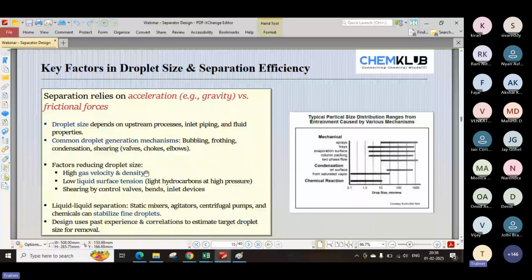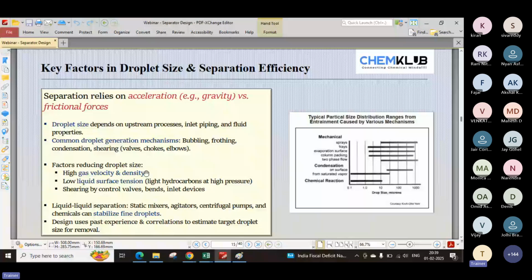Okay. So we'll see how the separation actually works. Separation is nothing but separating something, majorly a gas and liquid. In case of two phase, for which we are conducting this session, we have to separate the liquid particle, which has higher density than gases, from the gas stream.